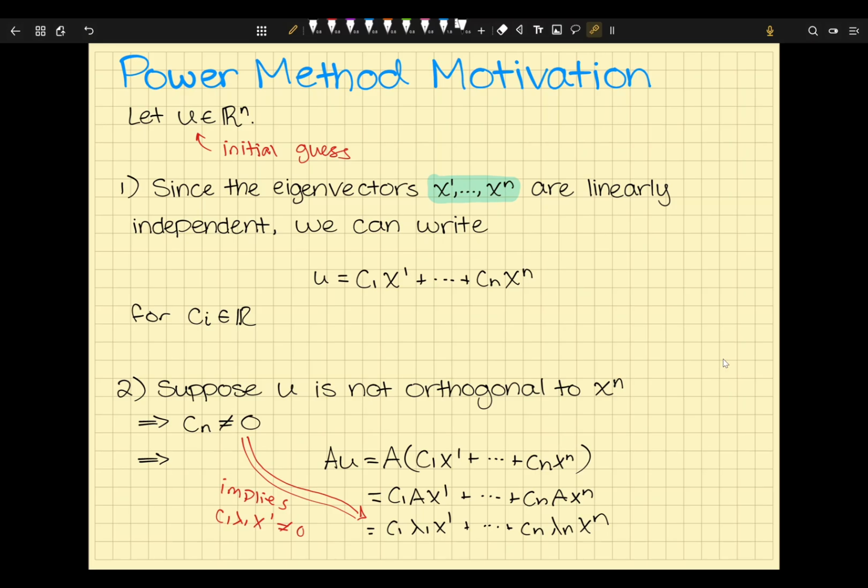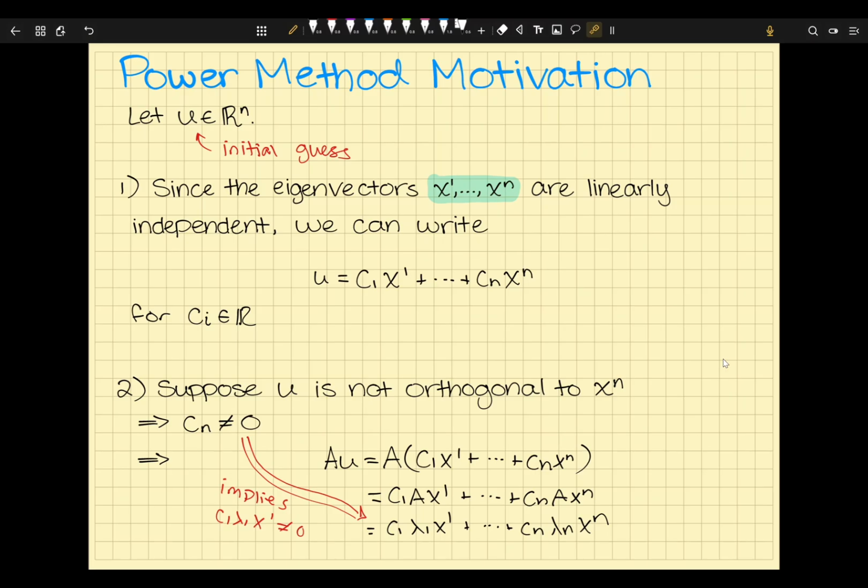I wouldn't try to see this as a picture in your head. All we're doing is just using this algebraic fact. That's right. Yeah, we're just deriving some properties about eigenvalues and eigenvectors.